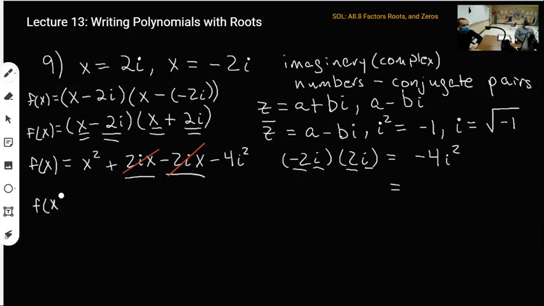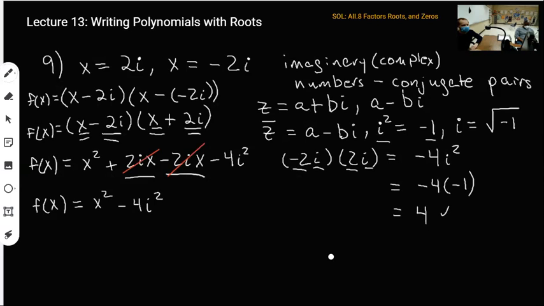So in the very end, I'm left with just the x squared and the minus 4i squared. So am I done? Not really. Remember that i squared was equal to negative 1. So we can replace this i squared with a negative 1. So if I do that, I get negative 4 times negative 1, which is positive 4.